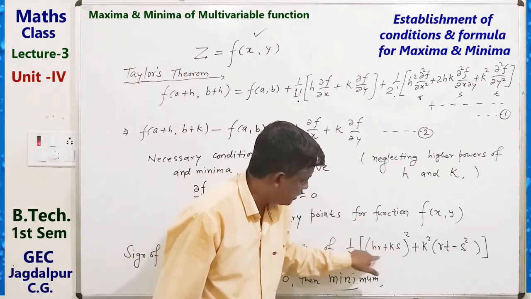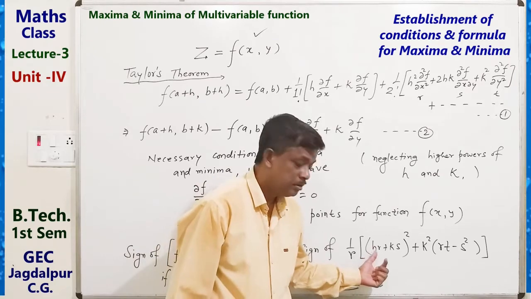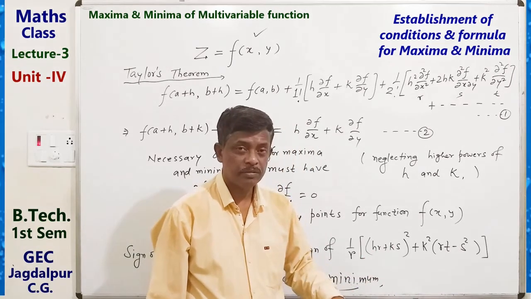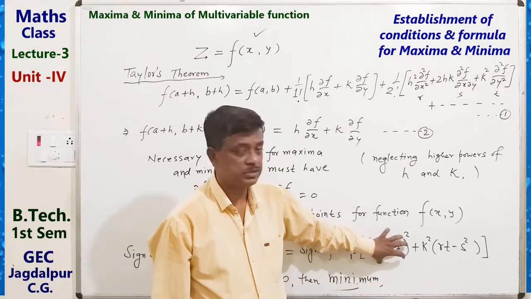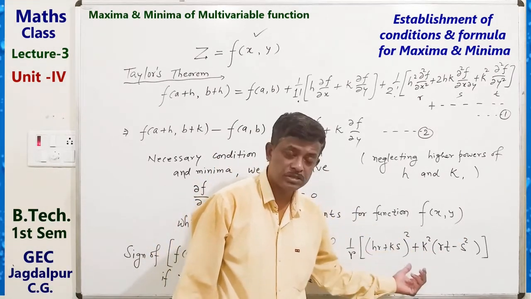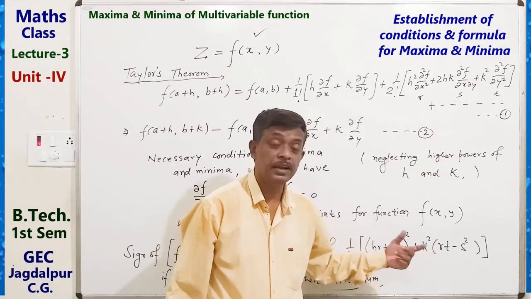Here, h and k: how much value is this and how much value is this? If this is greater than this, then positive. If this is less than this, then negative.